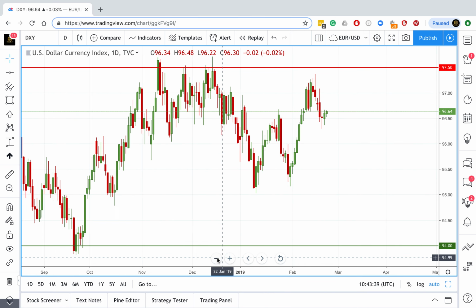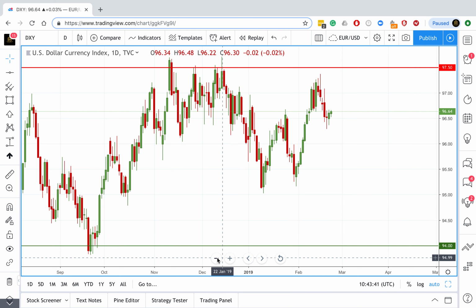Because investors, when you buy the US dollar, will receive at this moment in time a 2.5% credit into your account for the deposit rate that the US central bank pays when you buy the US dollar currency. So if you buy the dollar and hold your trade for a year, you're going to receive a 2.5% interest rate credit into your account.